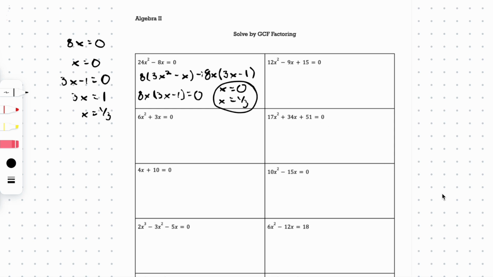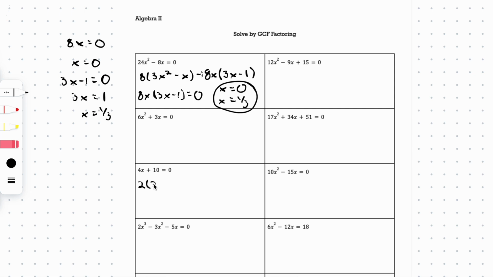Okay, now let's move down to do this one. So this one, we have 4x plus 10 equals 0. Well, what are the greatest common factors of 4x plus 10? Well, we know that 4 and 10 both have a common factor of 2. So I'm going to factor out a 2.